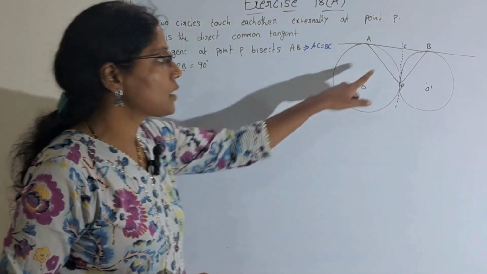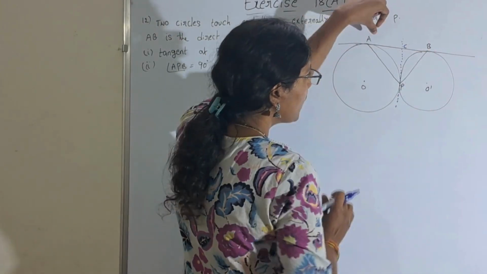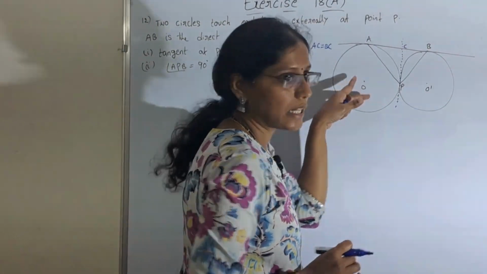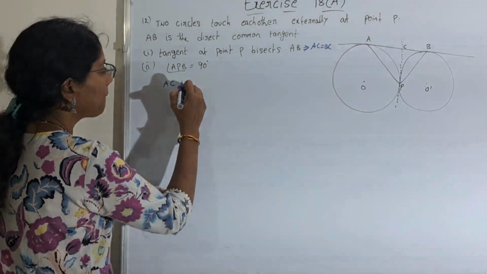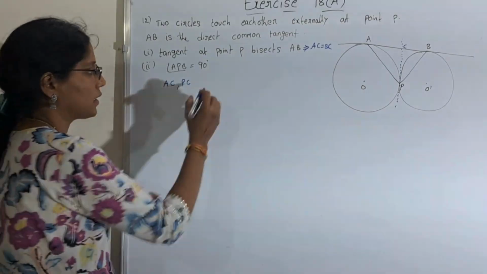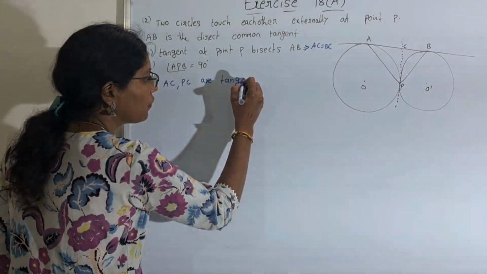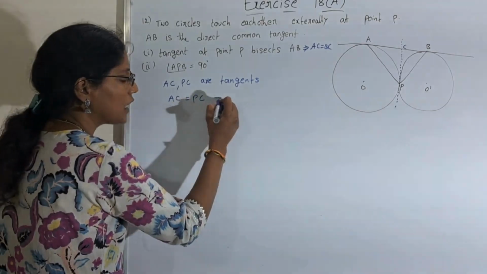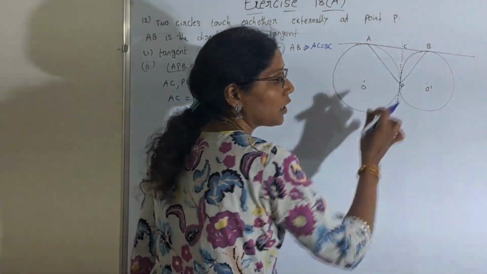First, how to do the first problem? Here we have to observe only the first circle. Here AC, PC are tangents of this first circle. Both are tangents. What we can write? AC is equal to PC. Equation 1. Next, second circle. CP is equal to BC.